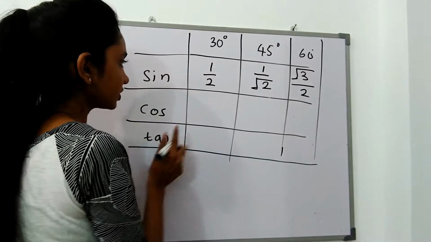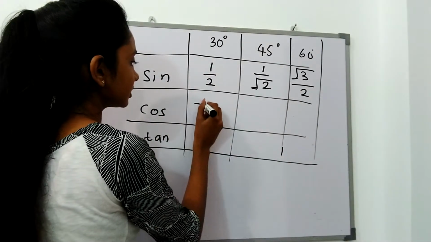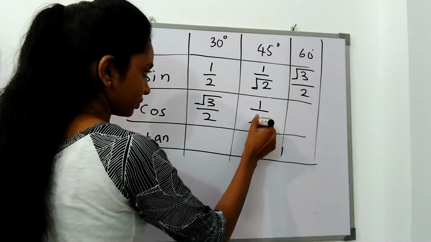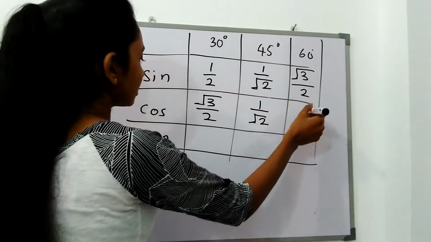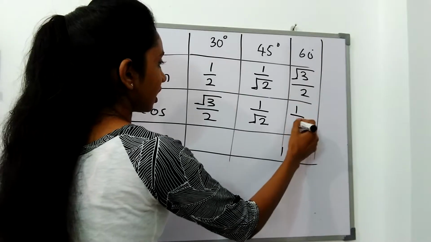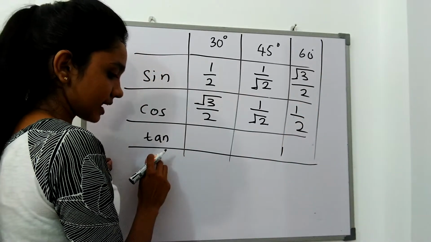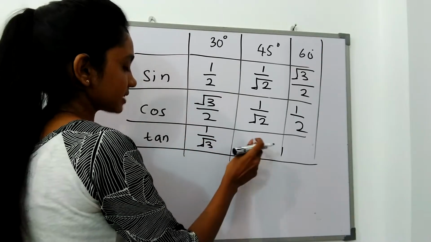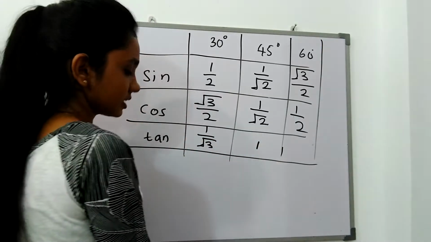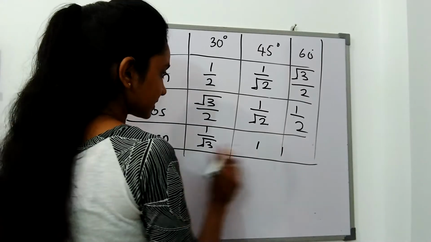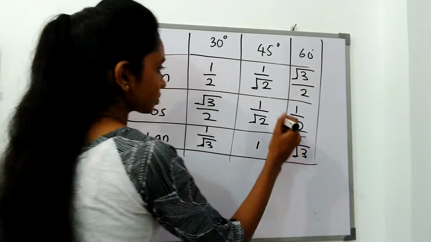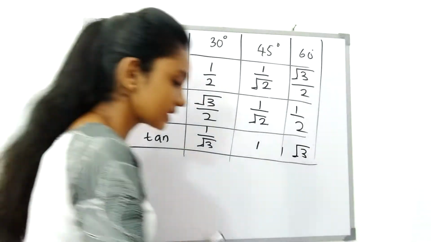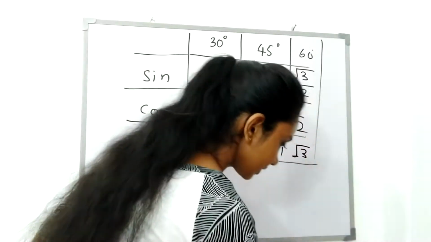The opposite goes for cos: cos 30 is root 3 over 2, cos 45 is 1 over root 2, the same, and cos 60 is half. Tan 30 is 1 over root 3, tan 45 is 1, and tan 60 is root 3. So you should remember this table to solve questions, then it will be really easy for you.